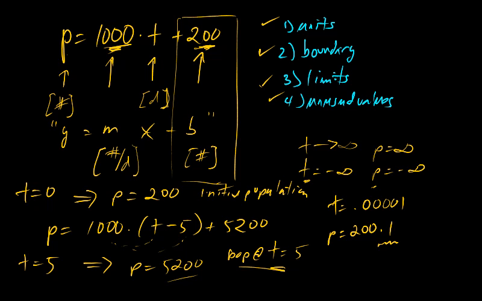So it tells you some of the limitations of the model itself. In the next video, I'll do the same process, but for a different population model, and walk through some of the same ideas.